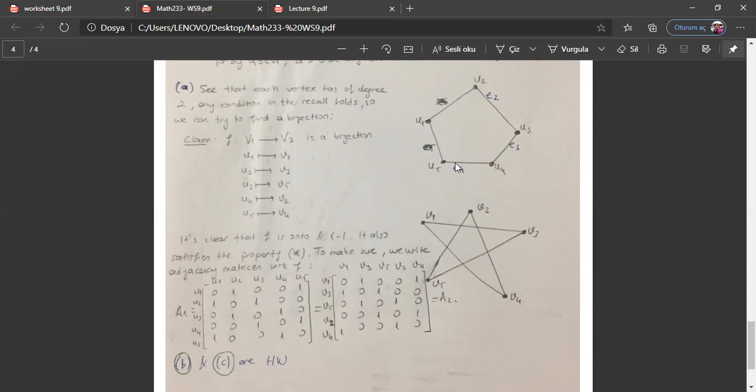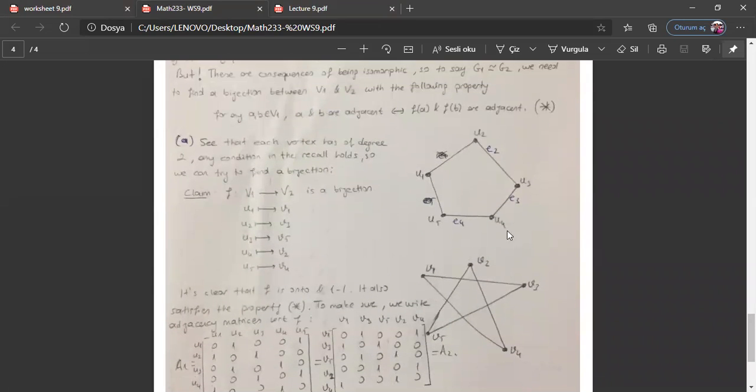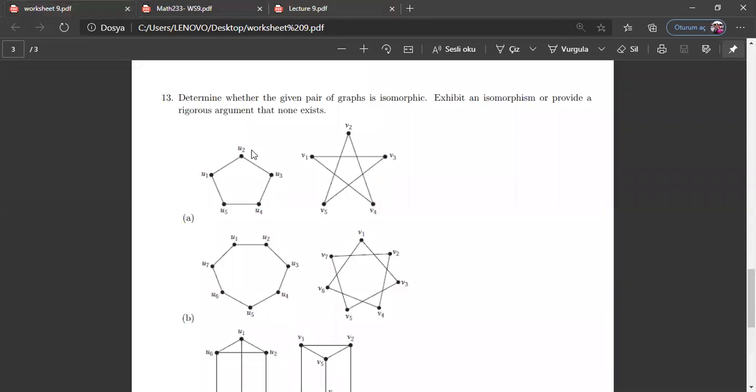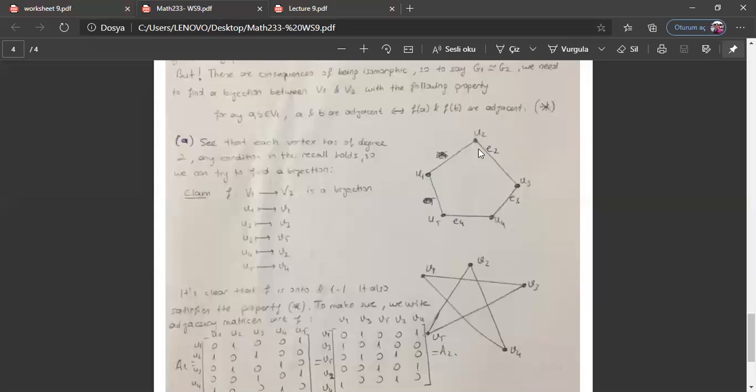Okay, so for this example, first I named the vertices. Oh, we already have names, okay.